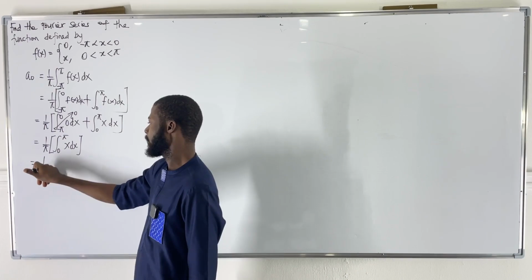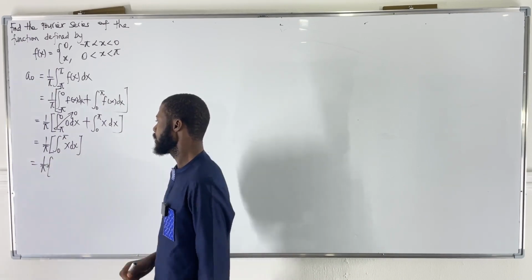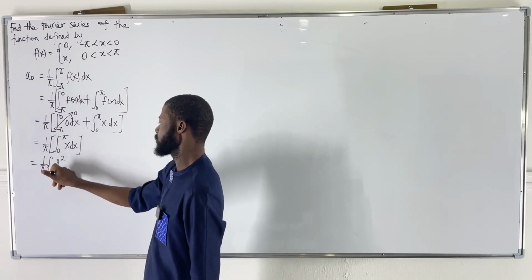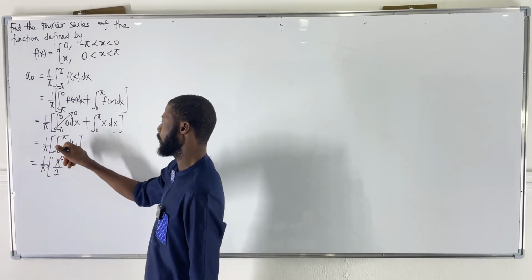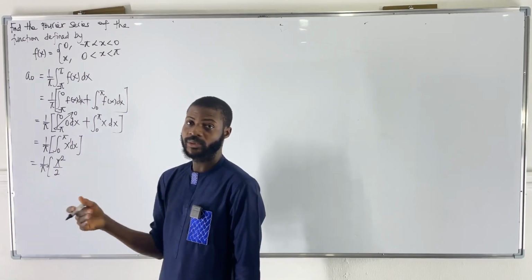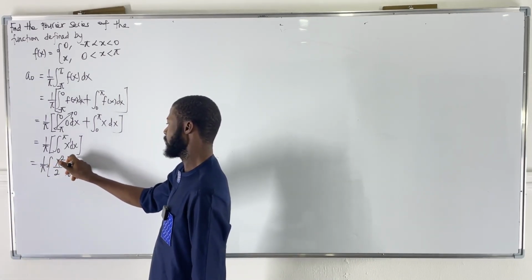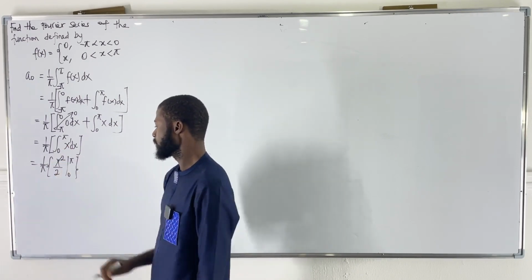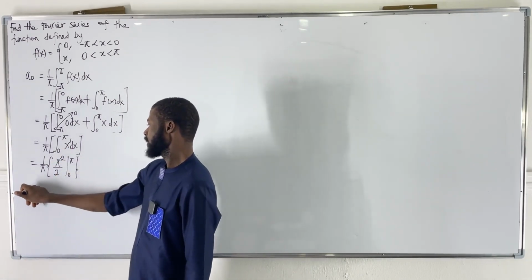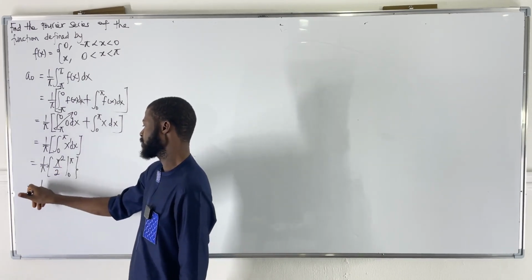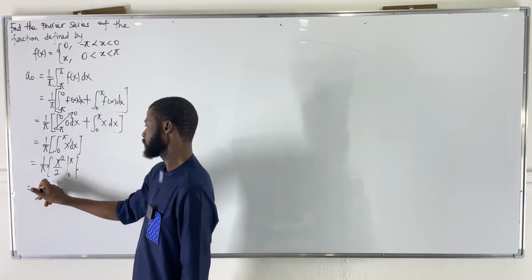Now this is 1 over pi. If you integrate x, you're going to have x squared over 2. Remember that there's a 1 here, so when you say 1 plus 1, you get 2. Then you put your interval 0 to pi. Now we know that this over 2 is a constant, so you can bring it out. So this is 1 over 2 pi.